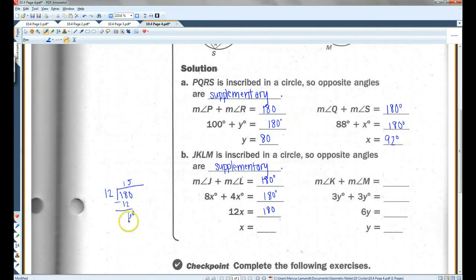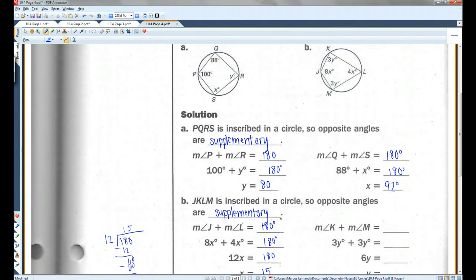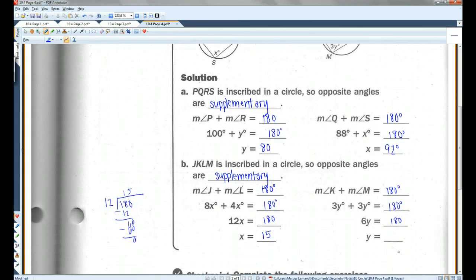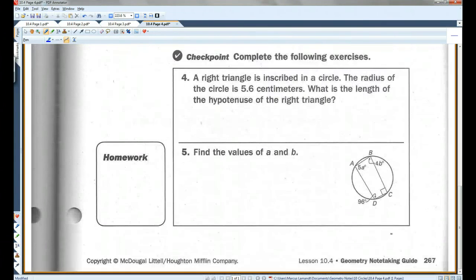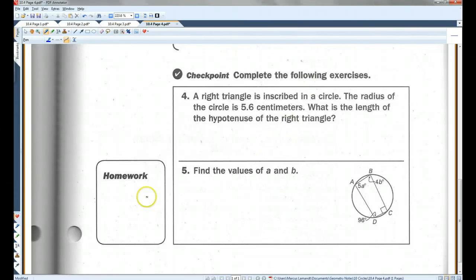You should get 15. Okay, angle K and angle M also add up to 180. 3y plus 3y equals 180. I'm going to divide both sides by 6. Y equals 30. Alright, and you guys can do the checkpoint. That's all.